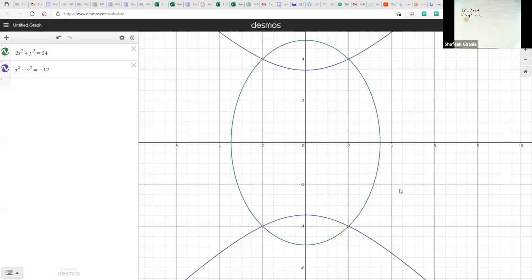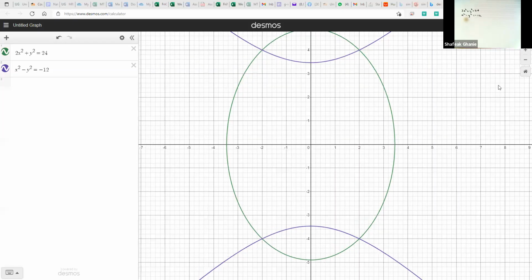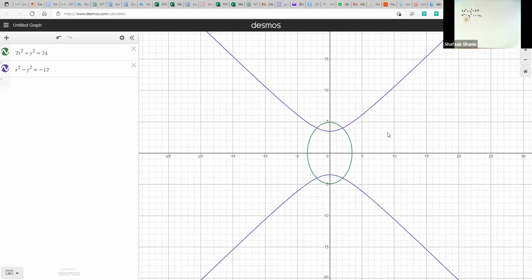So those are the 2 graphs. The green is the ellipse, 2x squared plus y squared equal 24. And the purple, x squared minus y squared equal minus 12, is what we call a hyperbola. That's what it looks like. Good.